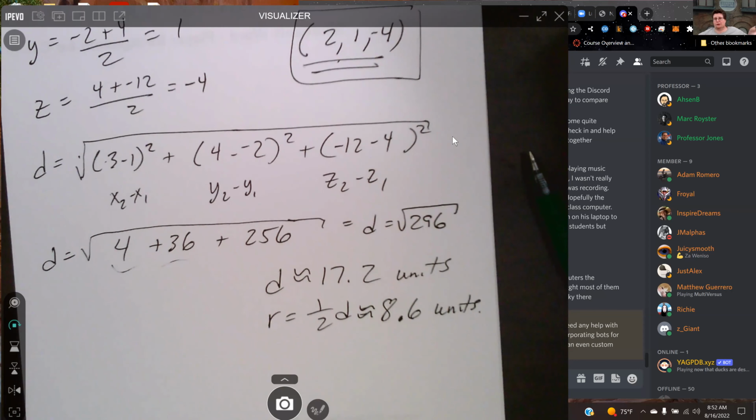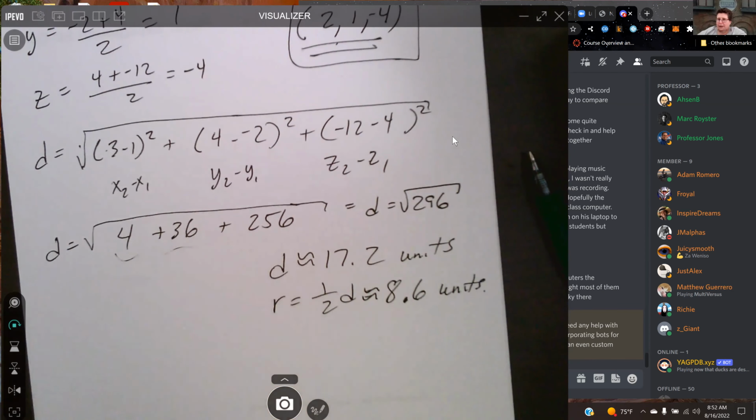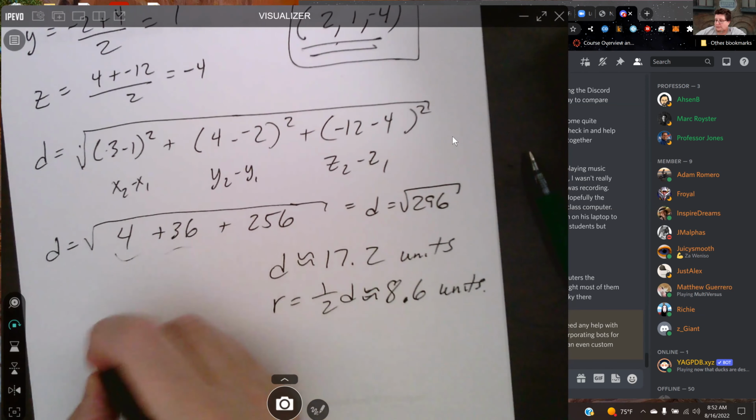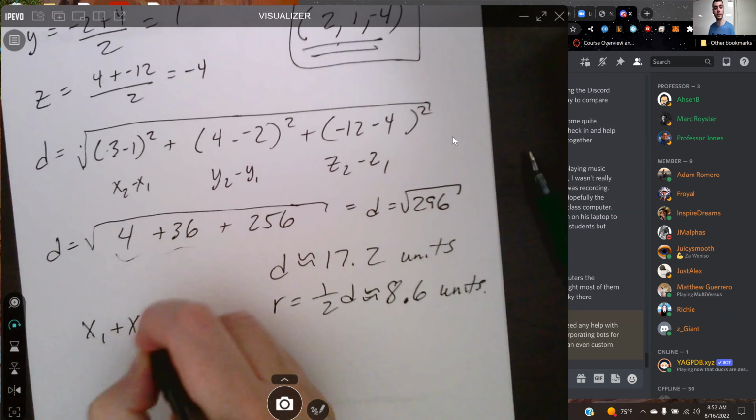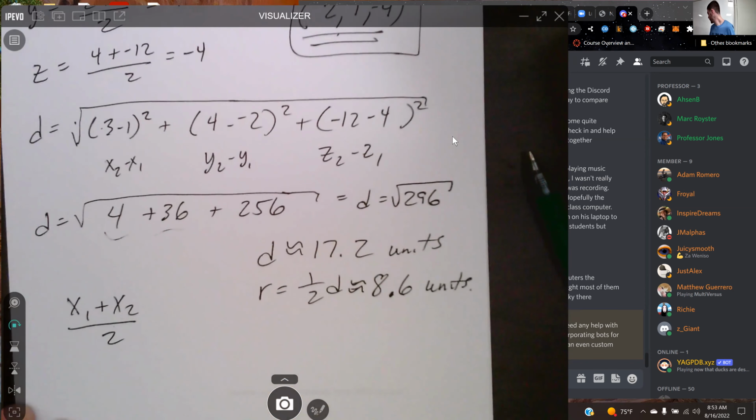I bet y'all forgot the midpoint rule, didn't you? Yeah, I forgot the midpoint rule. If I'm correct, it's the second one minus the first one divided by 2. No, midpoint is add them both. Oh, it's add them. Oh yeah, because you're finding, yeah, that's right.